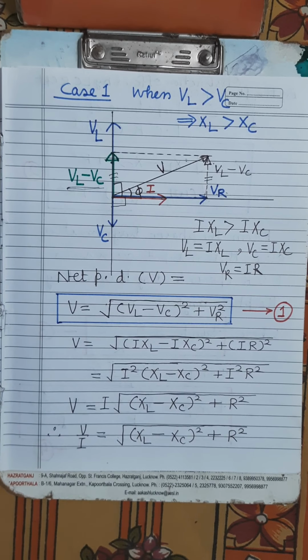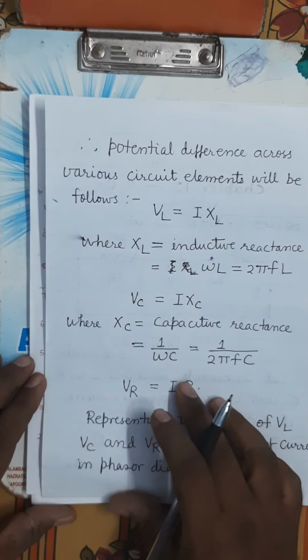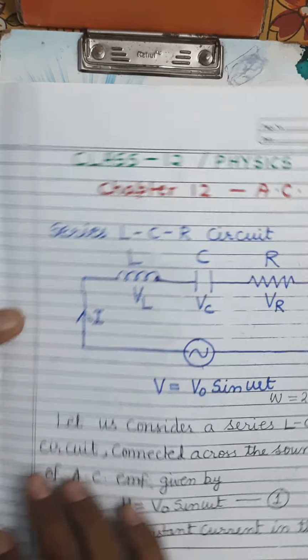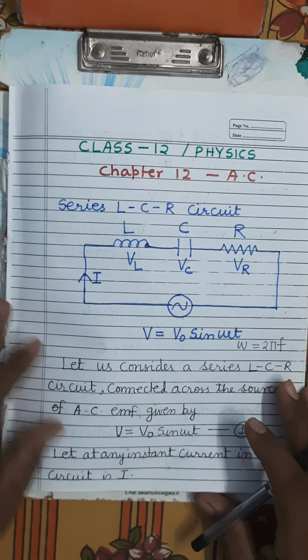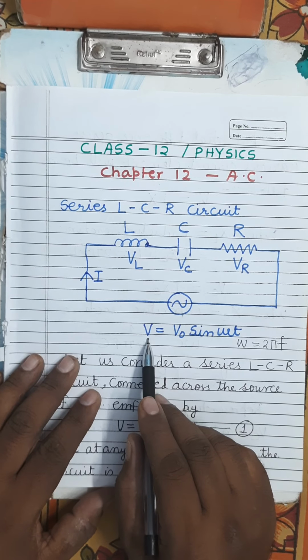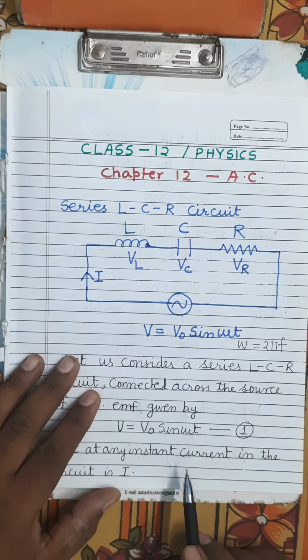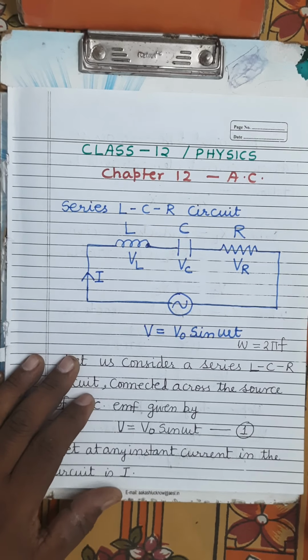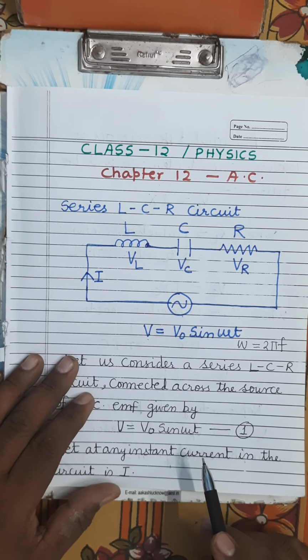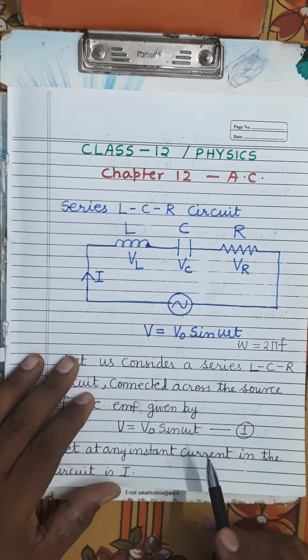Now you have seen here that when the voltage is V, current is I. So what is V upon I? You can say that it will be the resistance, but it is not actually resistance.